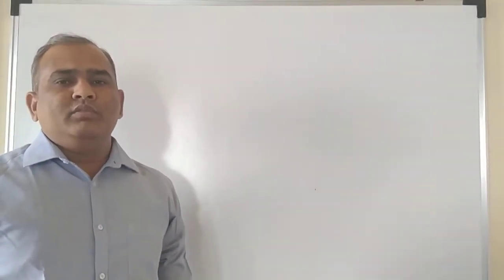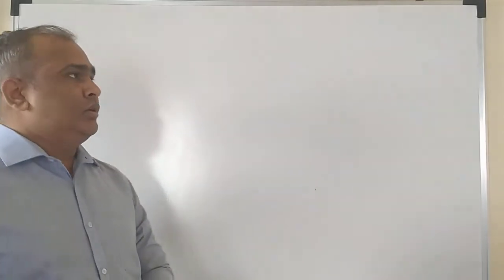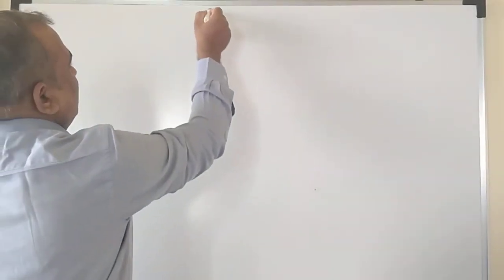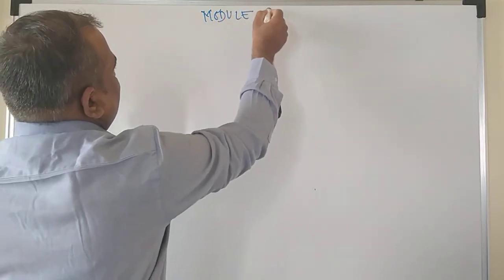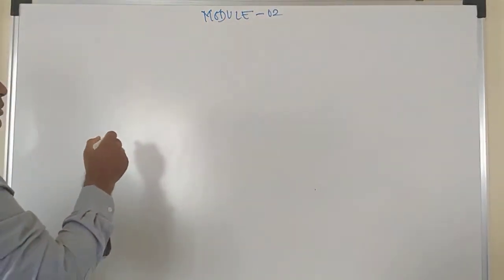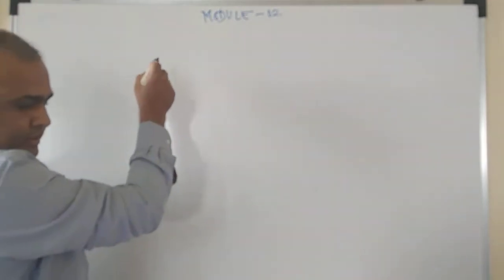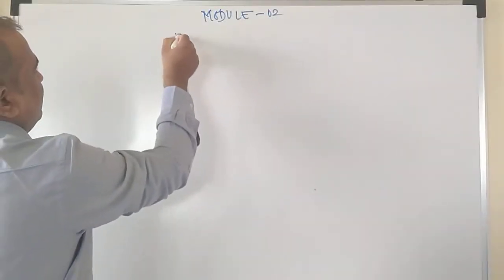Now today we are going to start the next module, module number 2. The name of the second module is vector space and matrix algebra.